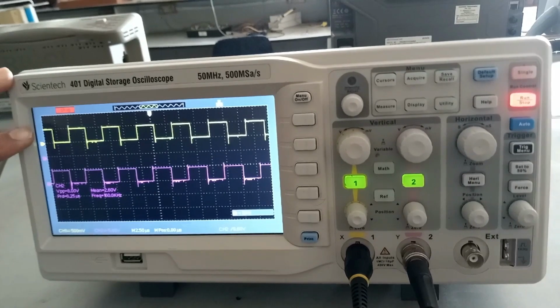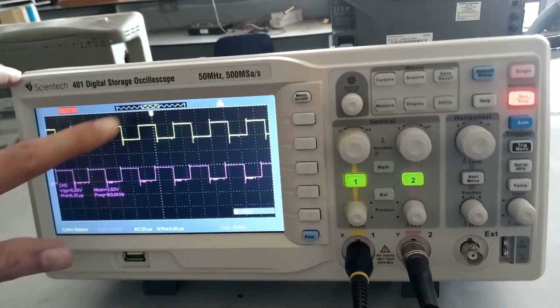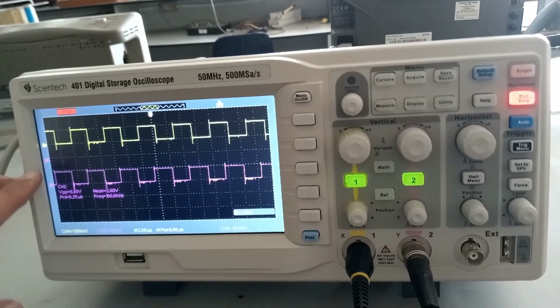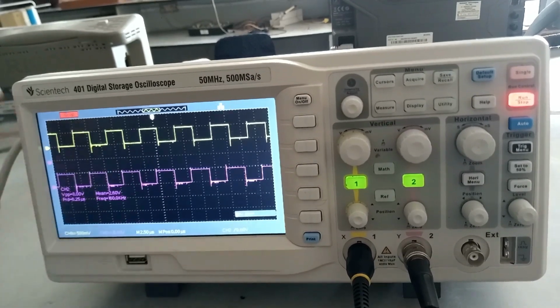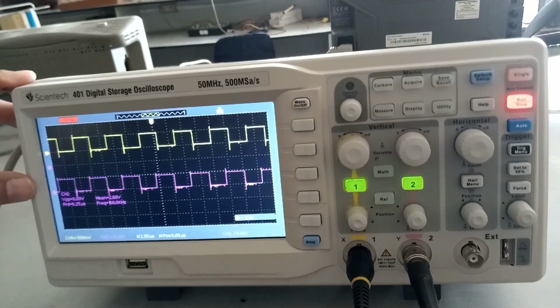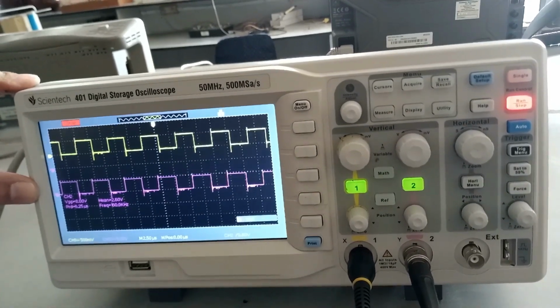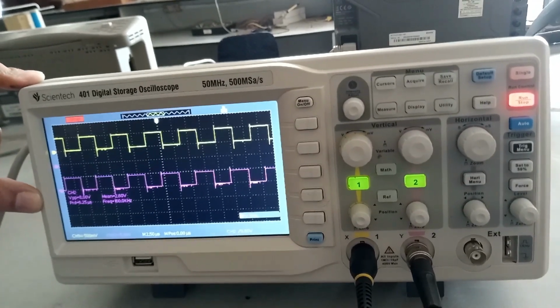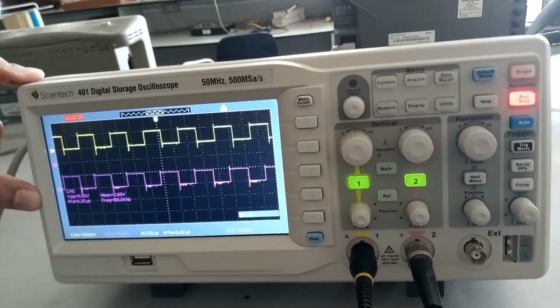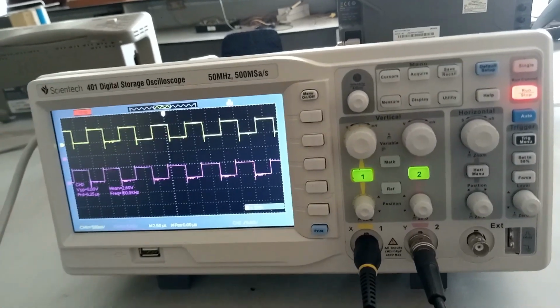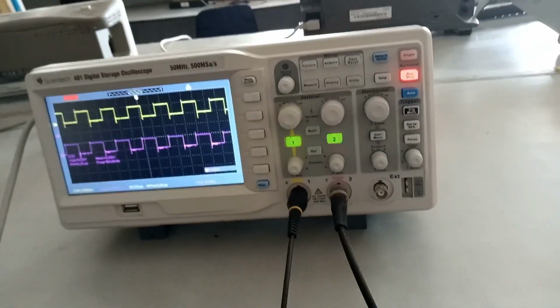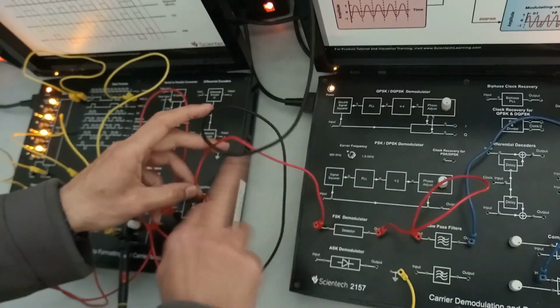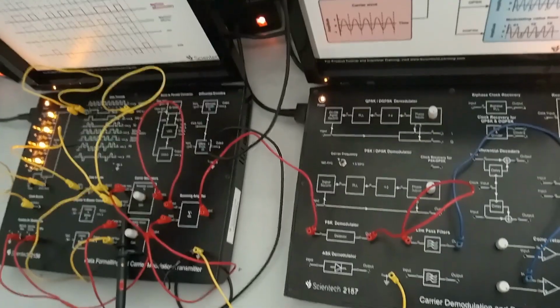The original data signal is 1010 1010, and the demodulated data is also 1010 1010. There is a certain delay, because the delay comes from the transmission between transmitter and receiver. Here we are using two kits separately, one for the modulator and another for the demodulator. We have made connections through cables, and that delay is observed here in the output.